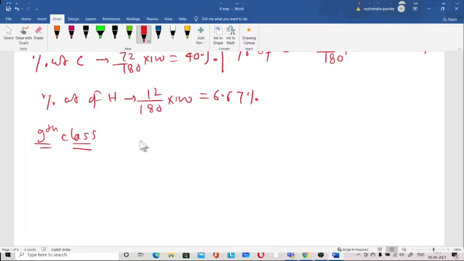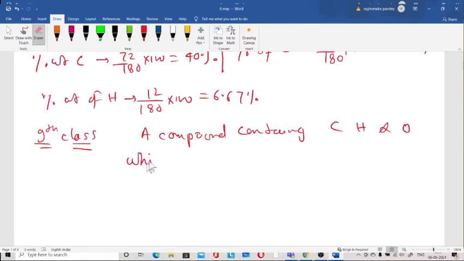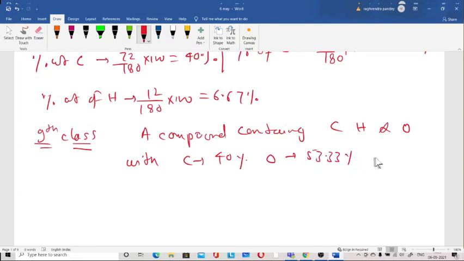Suppose they give you a compound containing carbon, hydrogen and oxygen, with carbon percentage 40%, oxygen percentage 53.33%, and hydrogen percentage 6.67%.